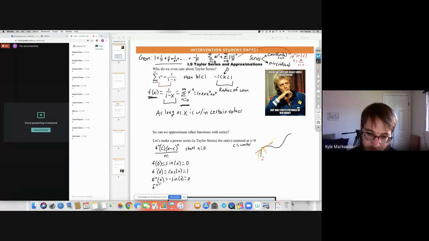F triple prime of 0: the derivative of negative sine is negative cosine, and negative cosine of 0 gives me negative 1. Then the fourth derivative at 0: the derivative of negative cosine takes me back to positive sine at 0, which is 0. And our pattern will continue. We're back up to the top.